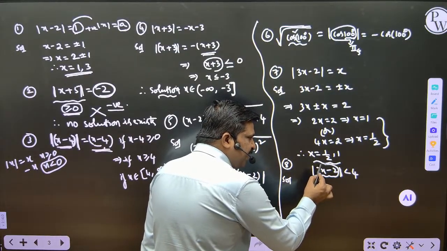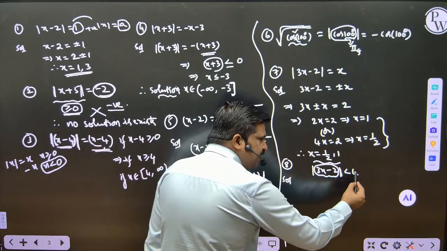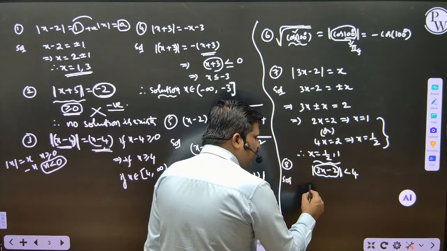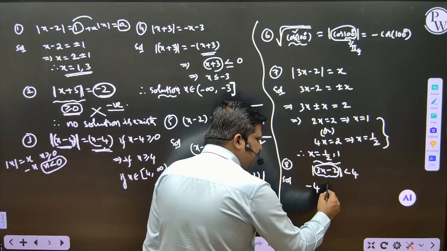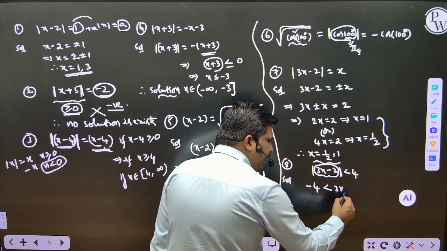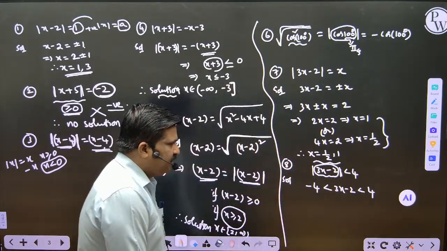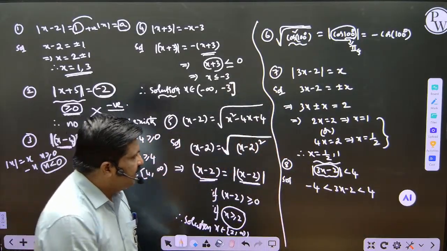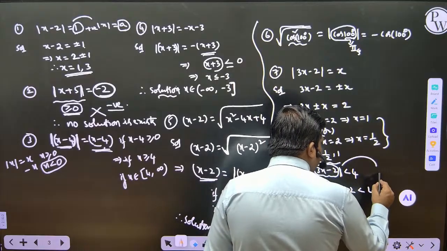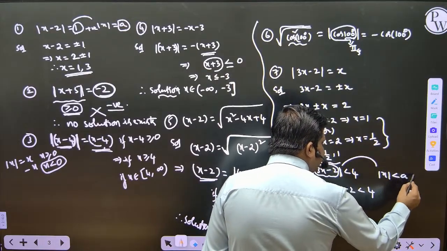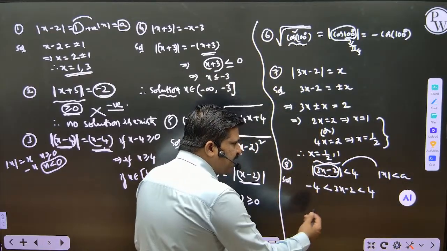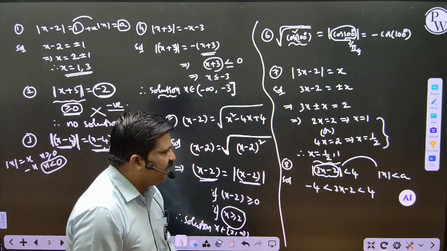Mod x less than a means minus a less than x less than plus a. It looks like the form modulus of x less than a. So x lies between minus a to plus a.